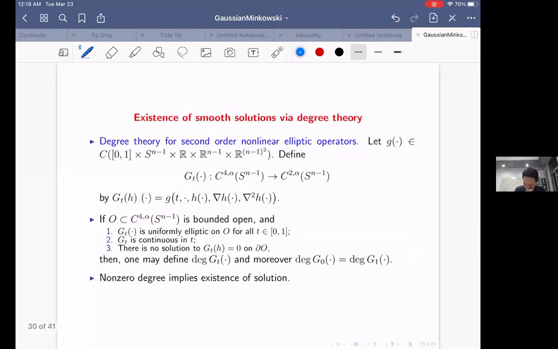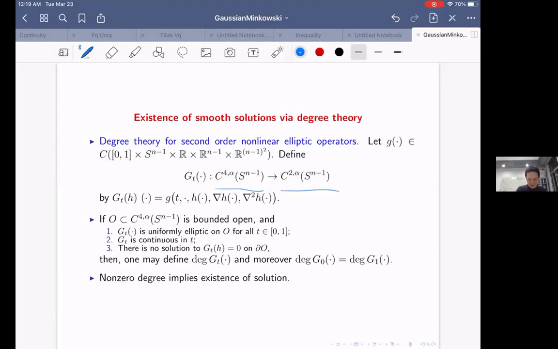And the strategy of the degree theory is that if G is continuous on the product space [0,1] times S^{n-1} times R times R^{n-1} times R^{n-1} squared, and we define G_t, the capital G_t, to be an operator from C^{4,alpha} to C^{2,alpha}.